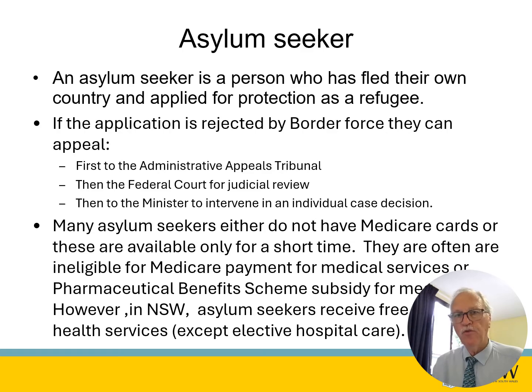If this is also then unsuccessful, appeal can be made to the minister to intervene on an individual basis. These processes can take several years, up to 10 years in some cases.